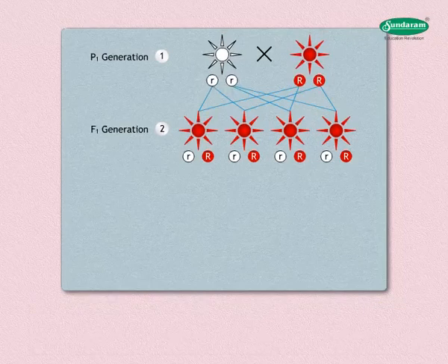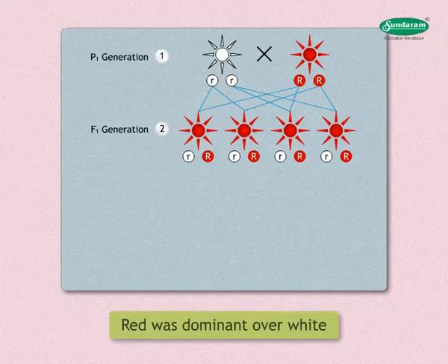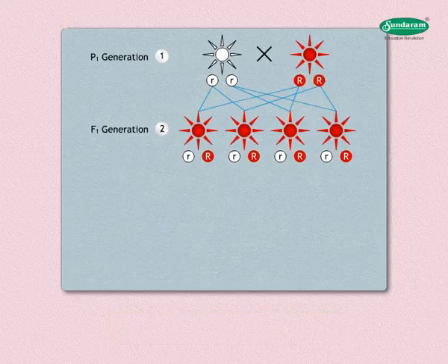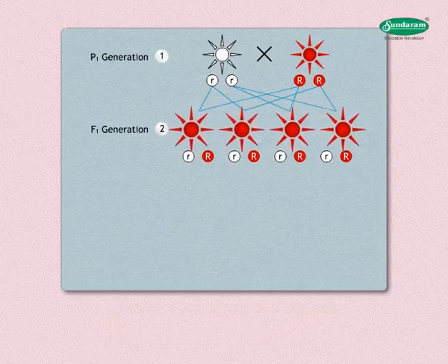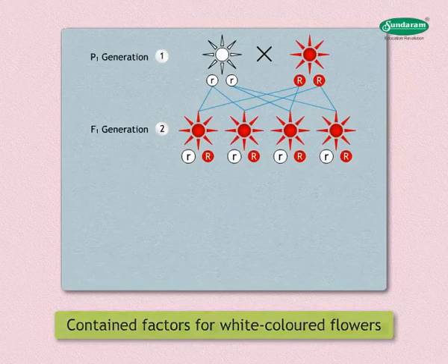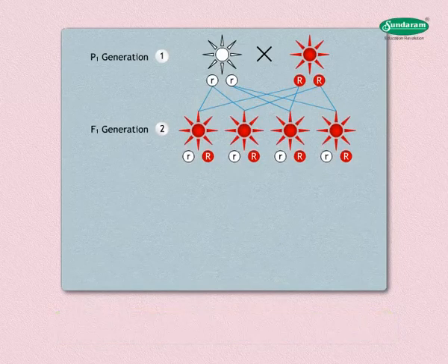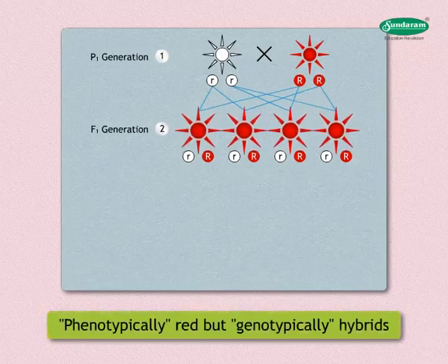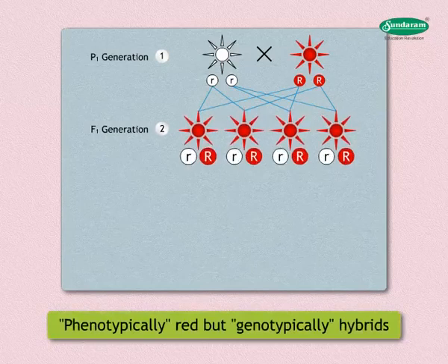From the result of F1 generation, Mendel concluded that red was dominant over white. Though F1 individuals were bearing red-colored flowers, they contained factors for white-colored flowers too. Thus, the plants of F1 generation are phenotypically red but genotypically hybrids.